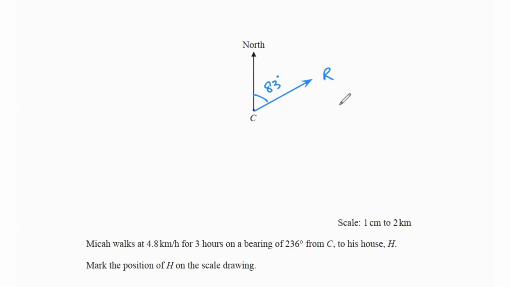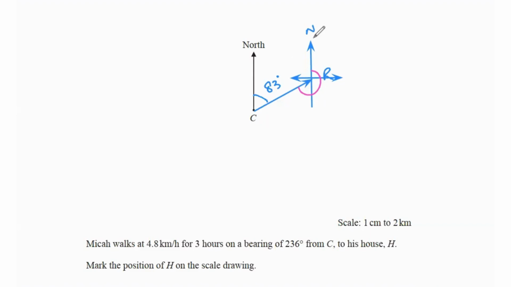We have to find the bearing of C from R. So let's first draw the north at R. C from R is all of this. Now remember, both the norths are parallel.